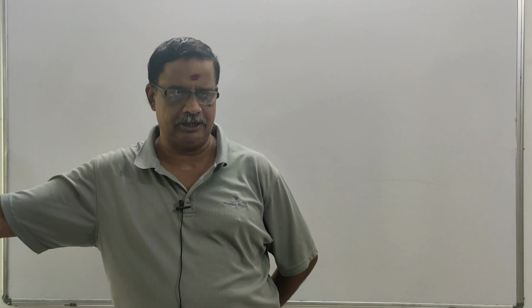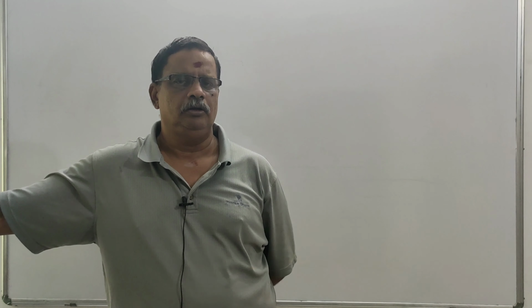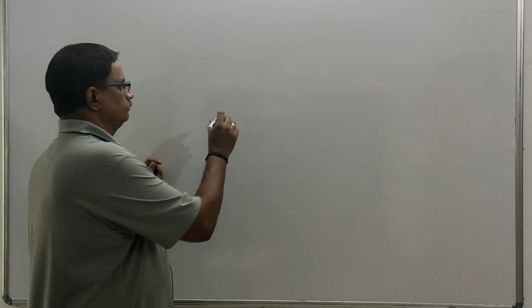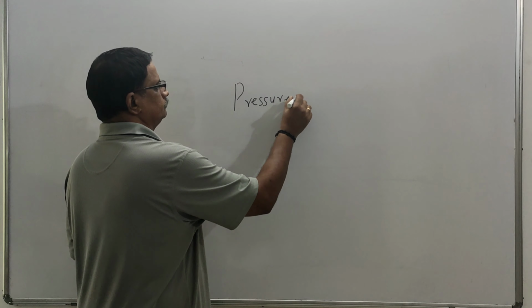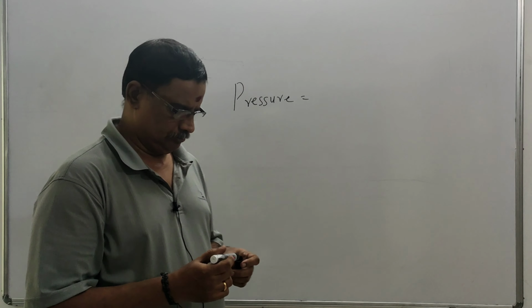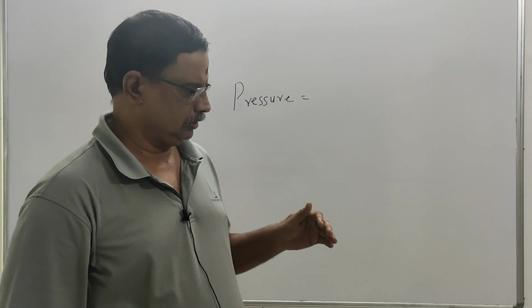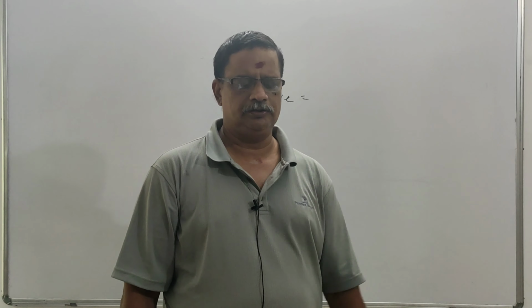Even though in your NCERT text this is given in brief as a very small topic, it appears in the NCERT text. So let us start with the concept of pressure. Yesterday, while we were discussing the topic called modulus of velocity, some of you told me that pressure is force by area.